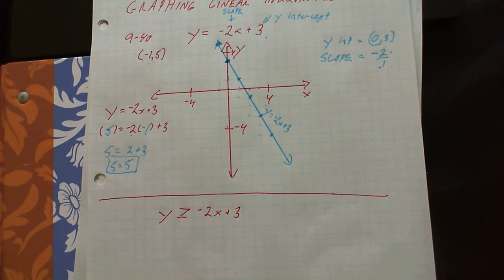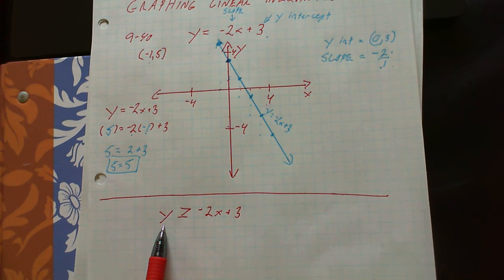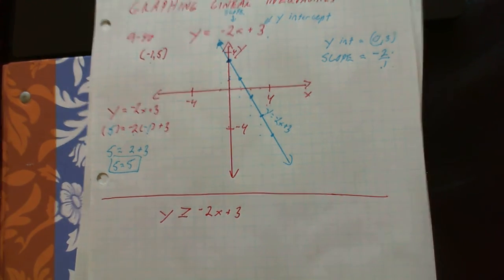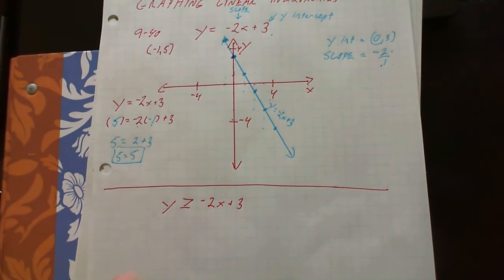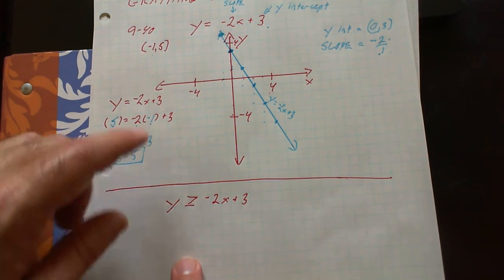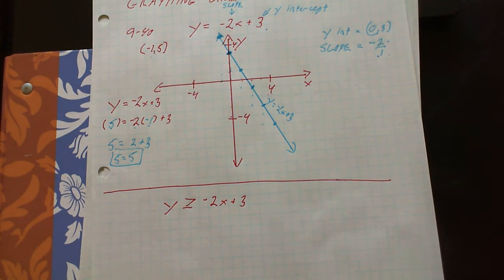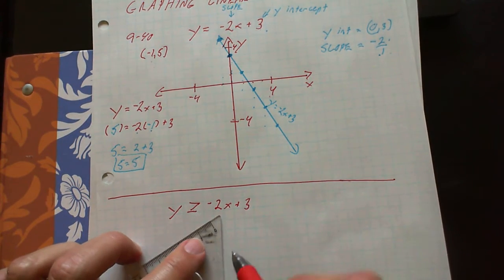This is saying my y should be bigger than whatever my x ends up being. As long as my y is bigger than this, then I'm good with my solution. But how would you graph that? If you notice that these are the same, you're going to graph it the same exact way.